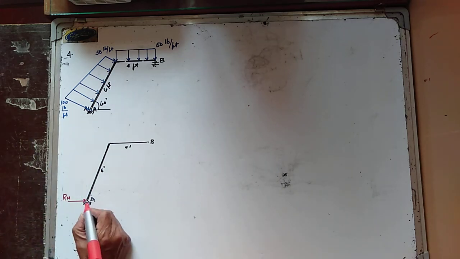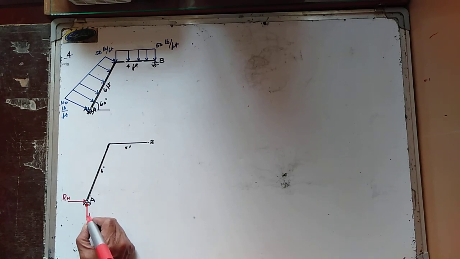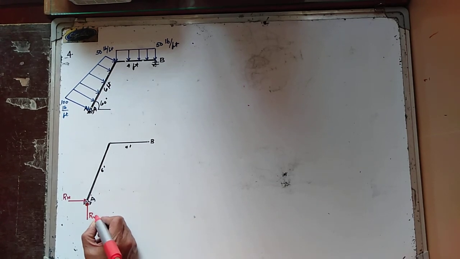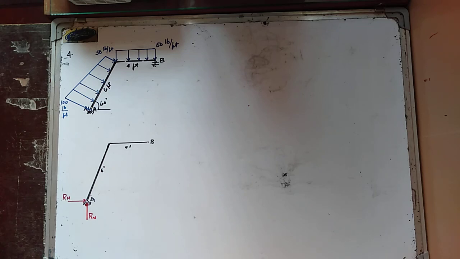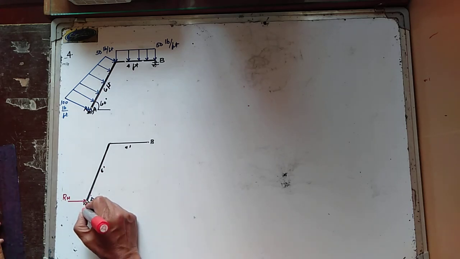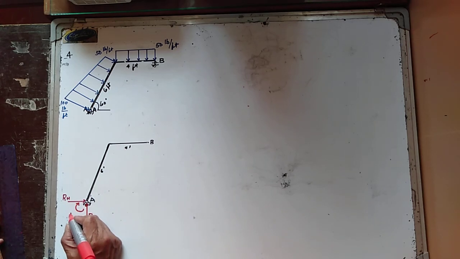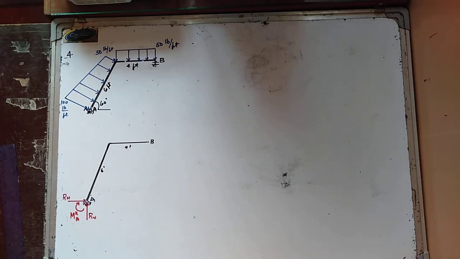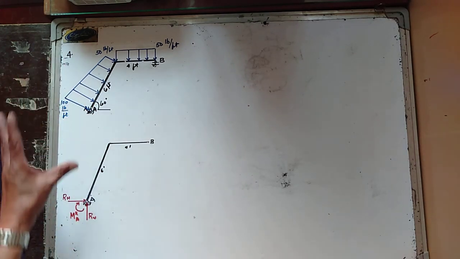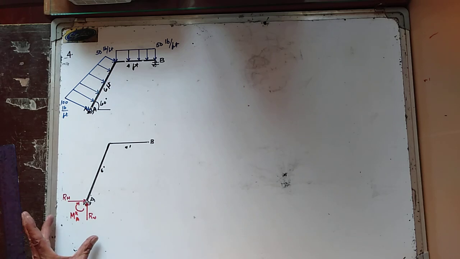And then the moment at point A, that is the moment of the resultant about point A. So this loading is to be replaced by a resultant force and the couple moment at point A.